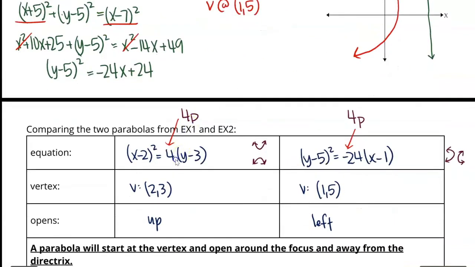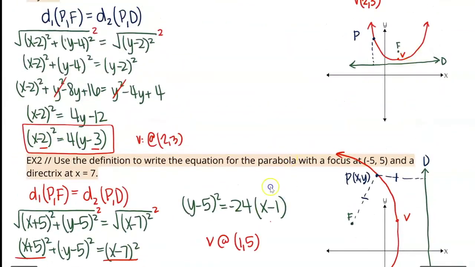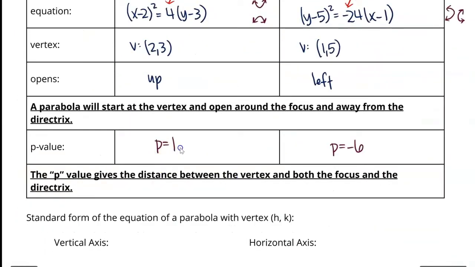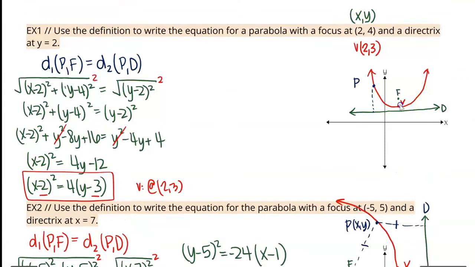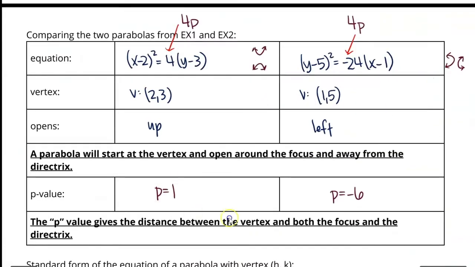Okay, same kind of thing for the first one. I just said our p-value is 1, and if we look at the graph, our vertex and our focus were 1 unit apart, from 2 to 3 to 2 to 4, and then same to the directrix. The vertex is 1 unit above the directrix. Okay, so we get all kinds of information here.